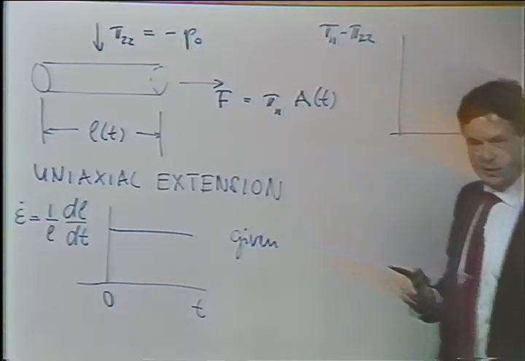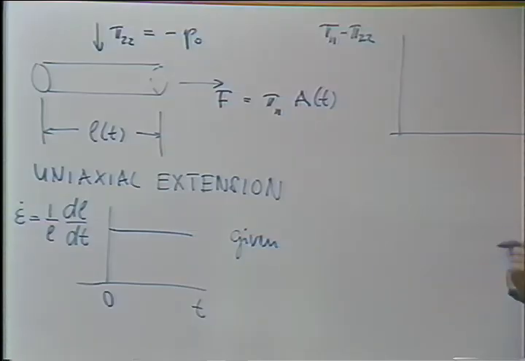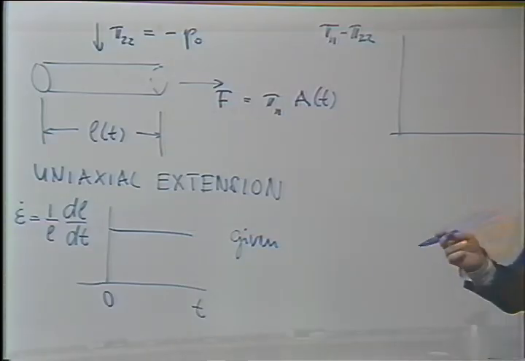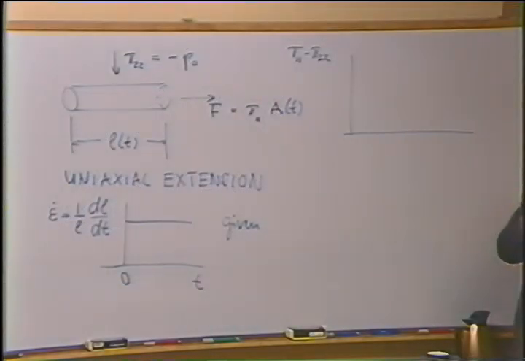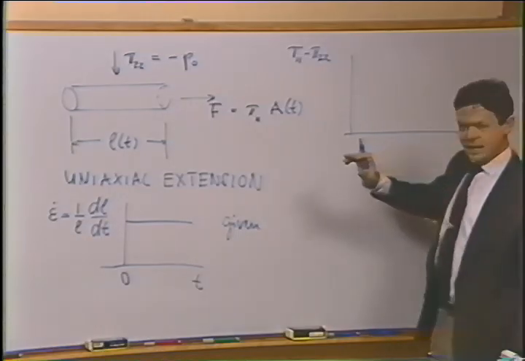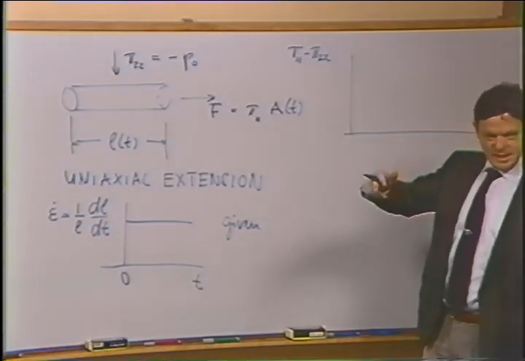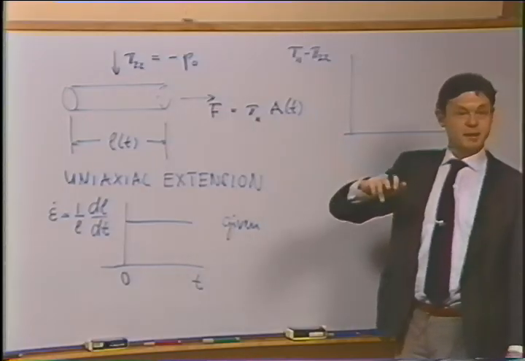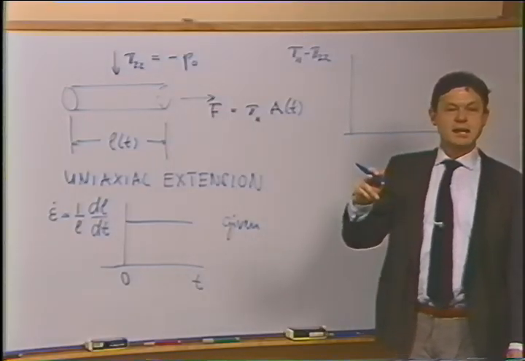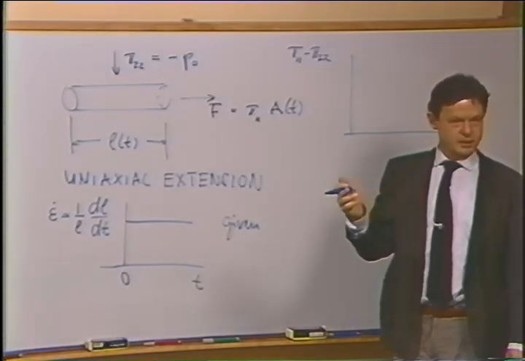This would be the stress response, the first normal stress difference. The stress tensor is diagonal, so it has only 2 independent components, independent material functions. The second material function, let's complete that in a moment, would be pi 22 minus pi 33, and that's equal to 0 due to symmetry.